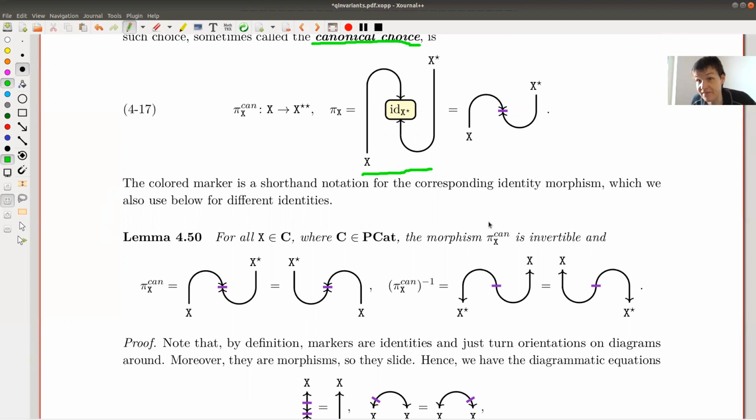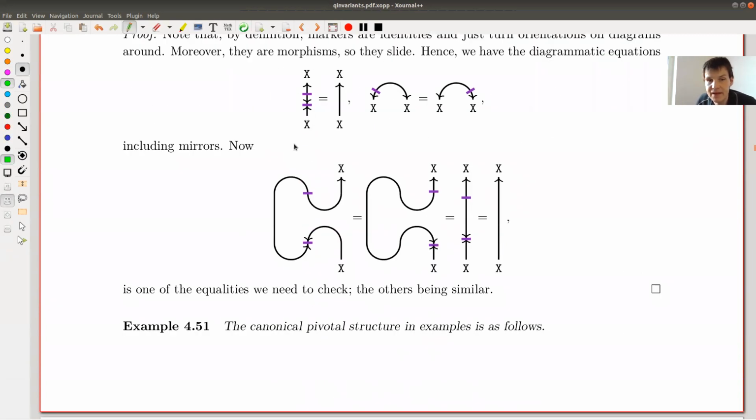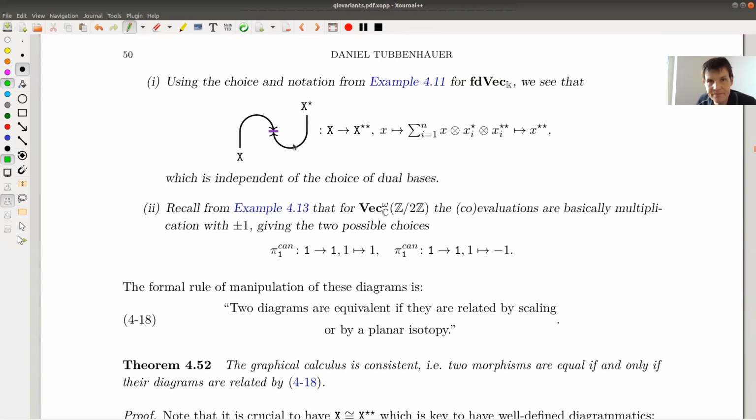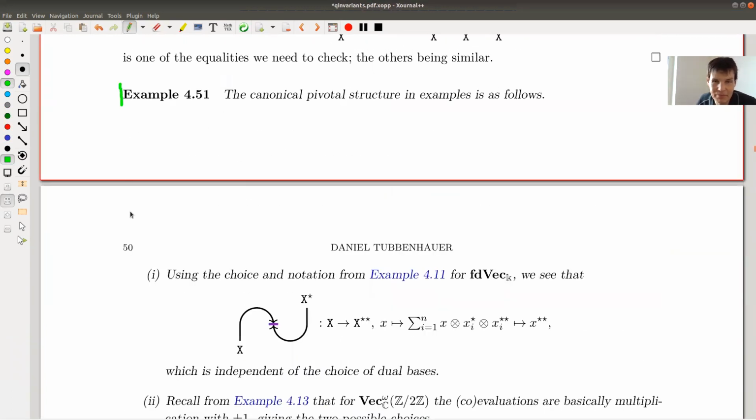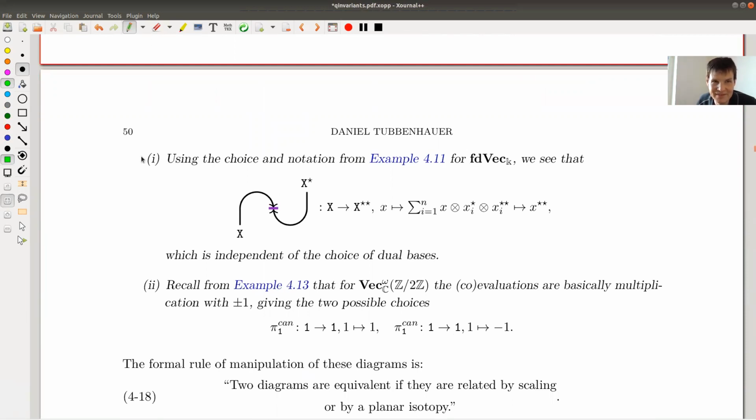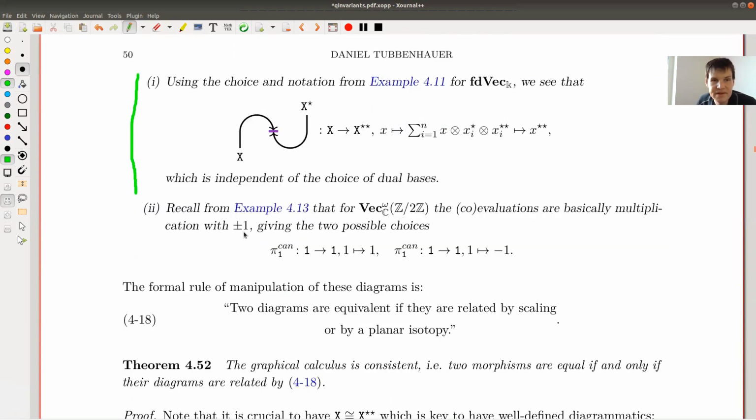On vector spaces, it's exactly what you think it is. It's the canonical isomorphism from X to X double dual. It's a diagrammatic version of the canonical isomorphism in vector spaces from X to X double dual. And here's actually the example.